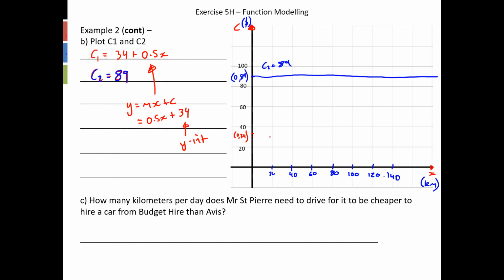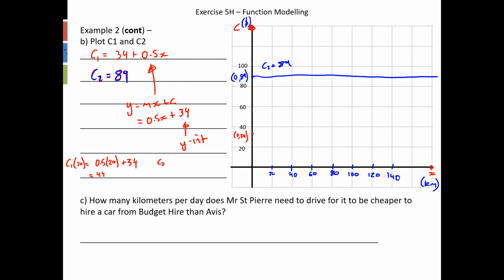And what we can do, we can just substitute in a whole bunch of values to get some points. So let's do that. Let's start with C1 of 20 is equal to 0.5 by 20 plus 34 gives us 44.